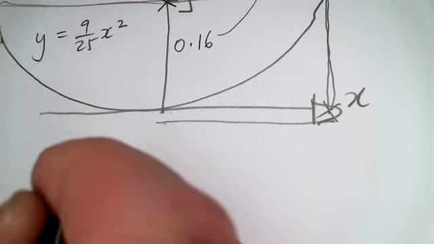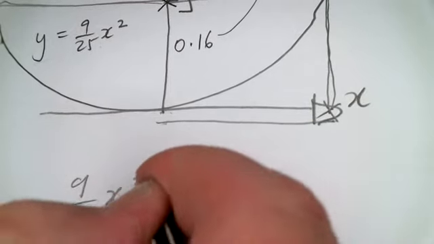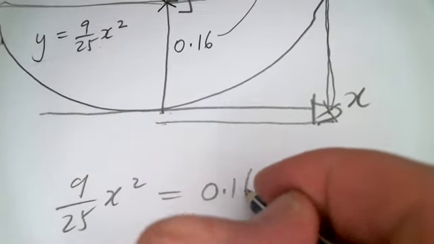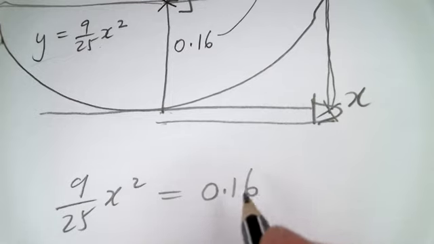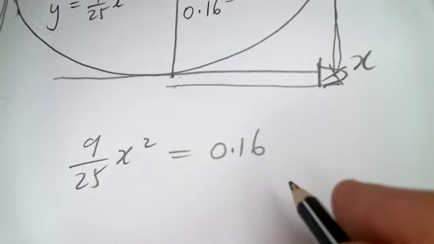So we've got 9/25 x squared, and that's going to equal 0.16. In other words, when y is 0.16, we want to find x. We can do that easily because we can form this into a quadratic.